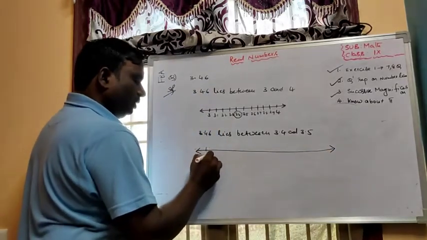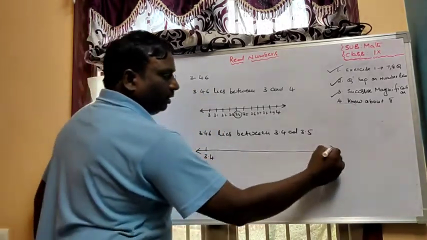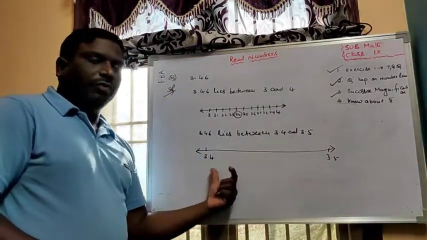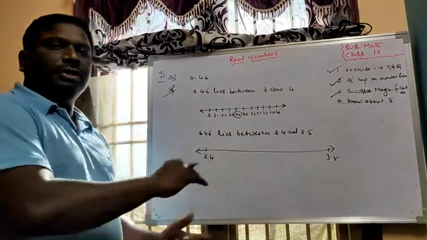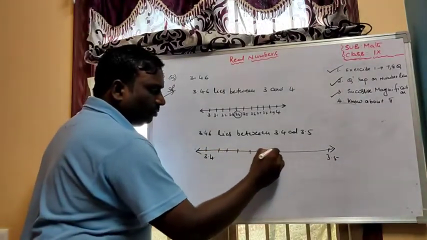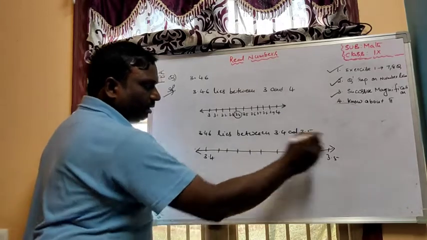This is 3.4 and this is 3.5. This portion, 3.4 to 3.5, divide into 10 equal parts. 1, 2, 3, 4, 5, 6, 7, 8, 9, that is the 10th one.